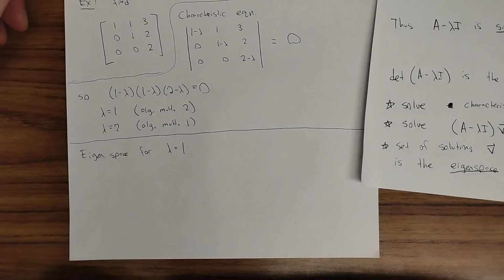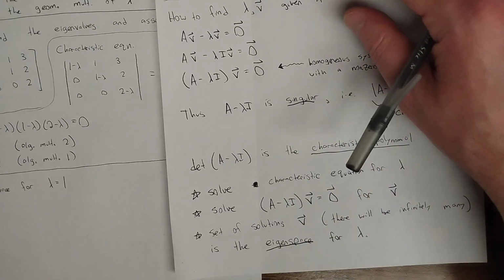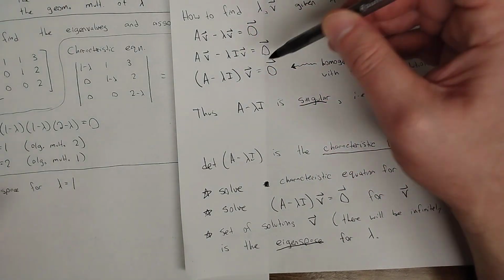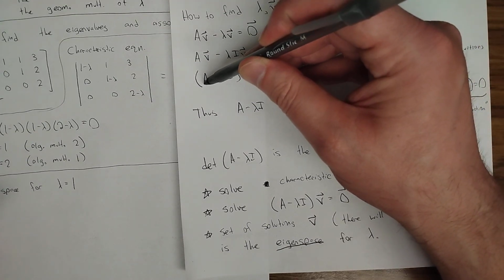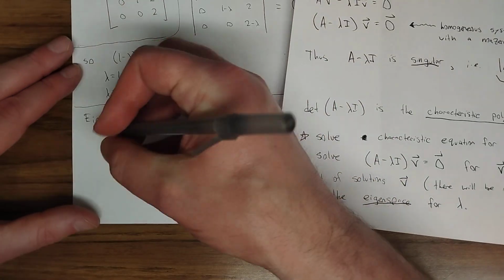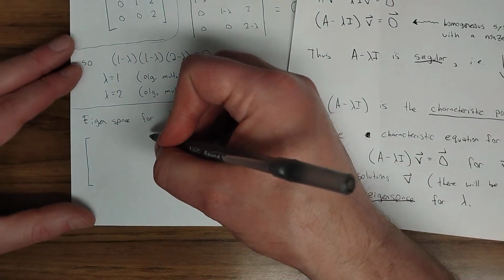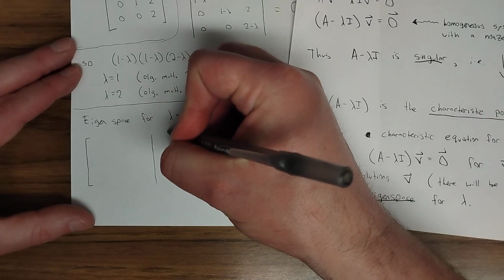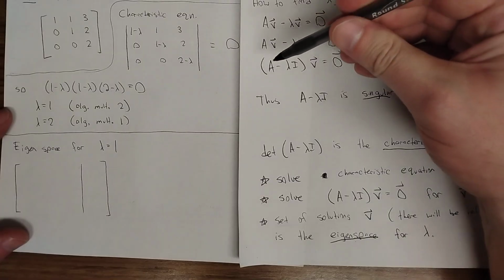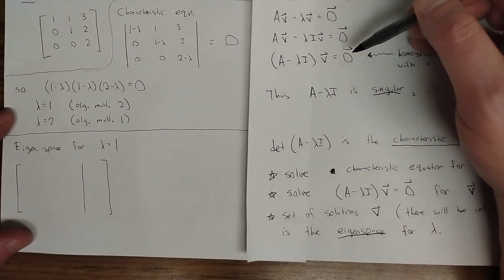So let's find the eigenspace for lambda equals 1. So like I was saying, once I know an eigenvalue, finding an eigenspace, that's like finding my v's. So I go back to this, and in practice, here's what we do. I'm going to set up an augmented matrix, because this is a homogeneous system of linear equations, because I've got 0 on the right.